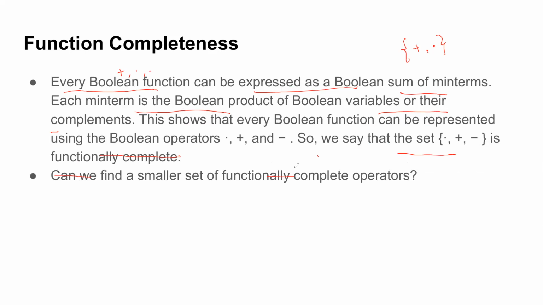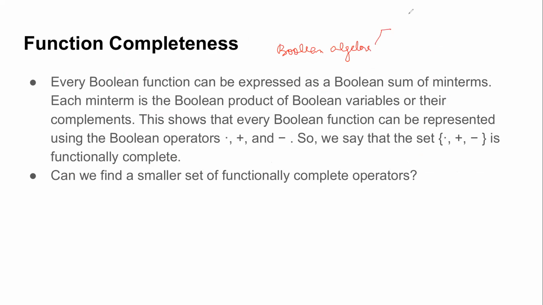Okay, so let us go back to the Boolean algebra case. So in general, if I have to discuss Boolean algebra, what are the various operations present? If you recall, there are just three operations, right? There is complement, there is Boolean sum, and there is Boolean product.